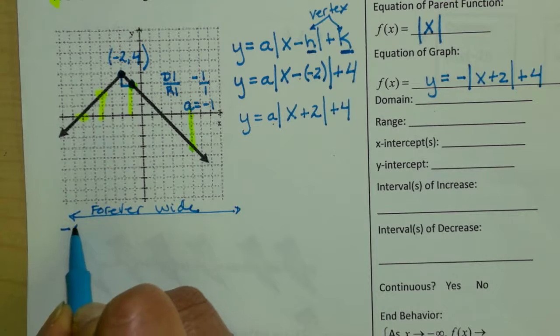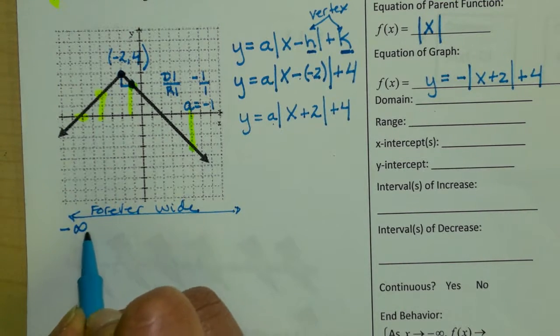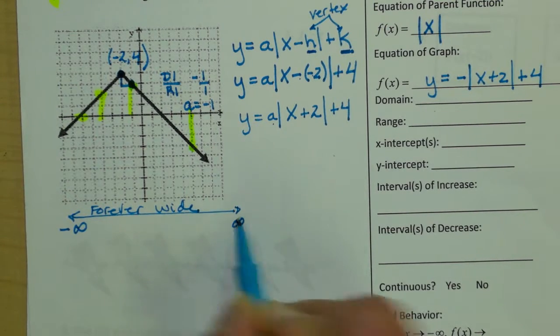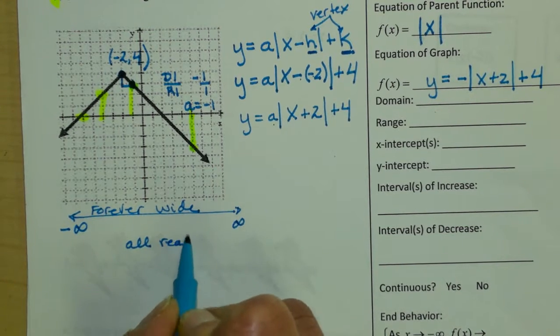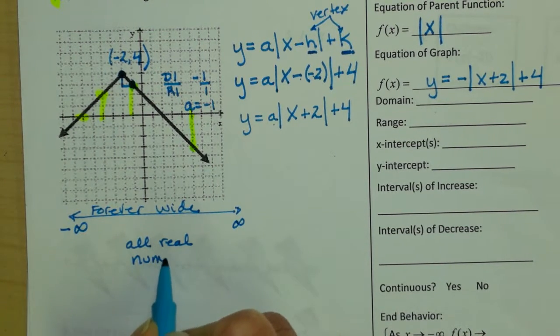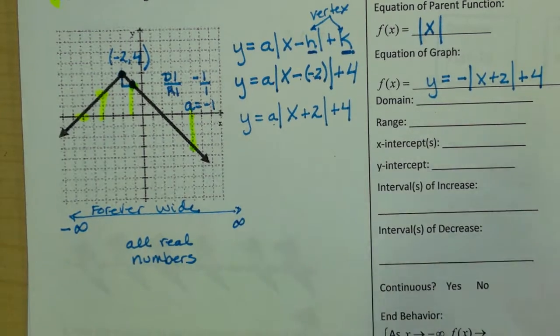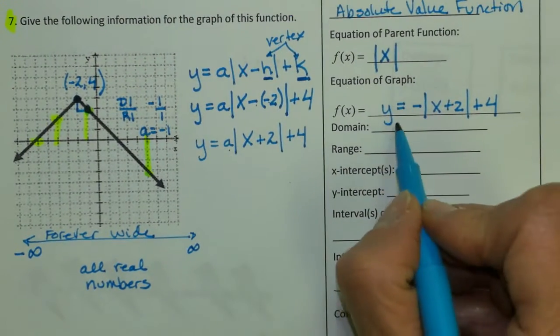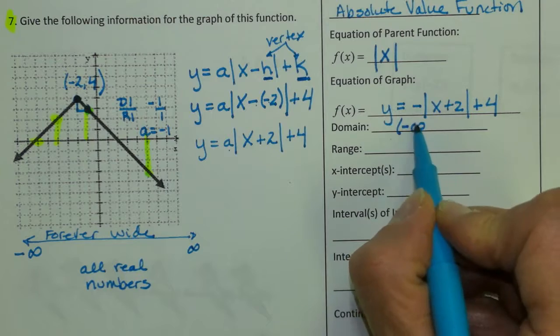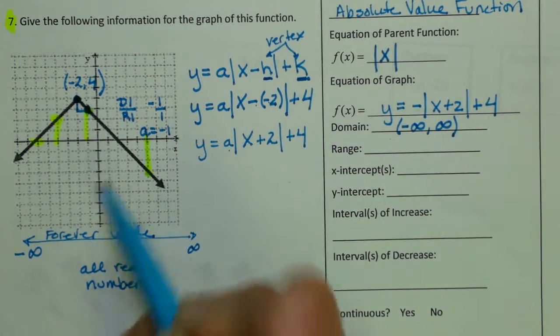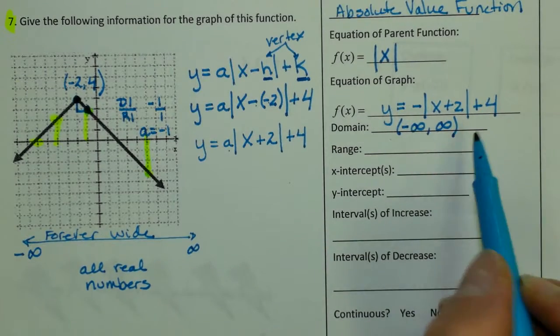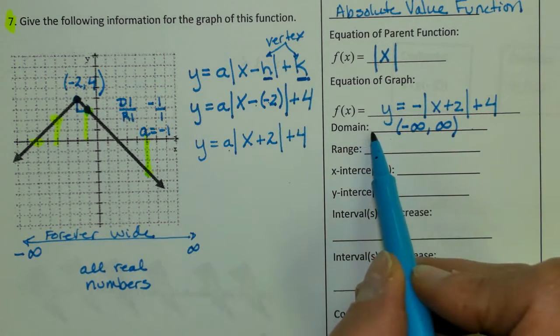That means I'm starting where x is -infinity, and I'm going to where x is infinity. So this means all real numbers. So forever wide. So that means I'm starting at -infinity, and I'm going to +infinity. This is always true with absolute value functions. This is always true for domain.